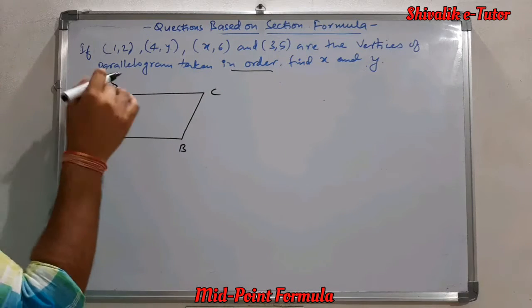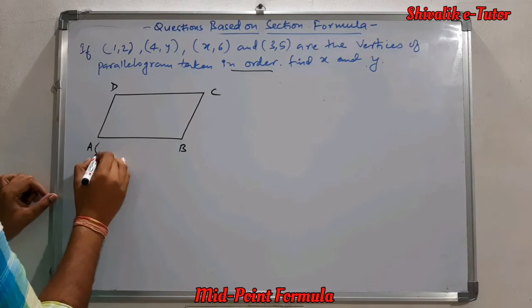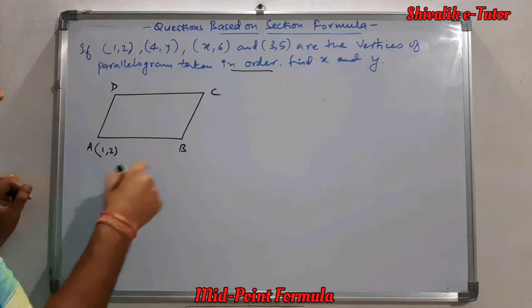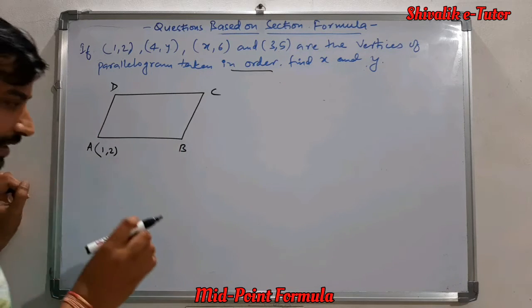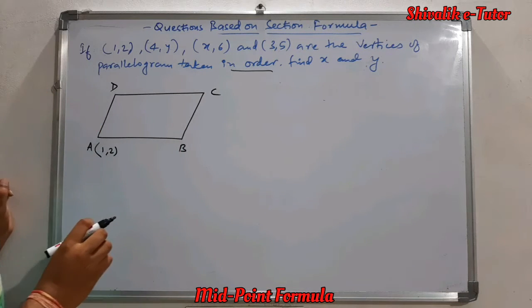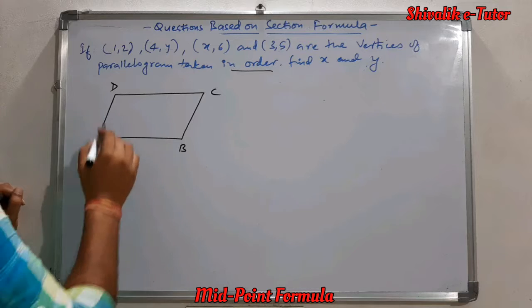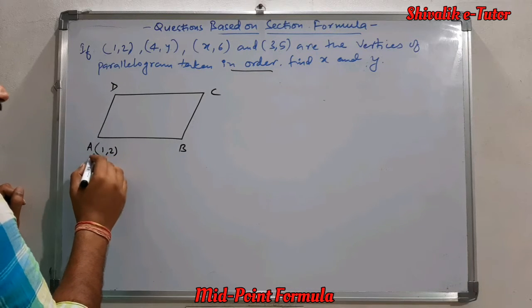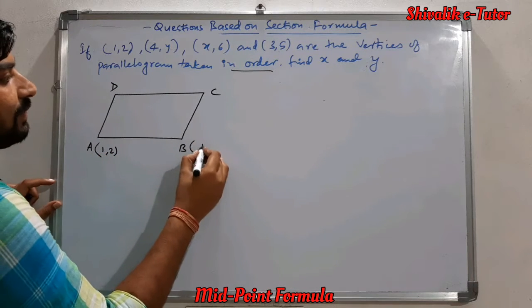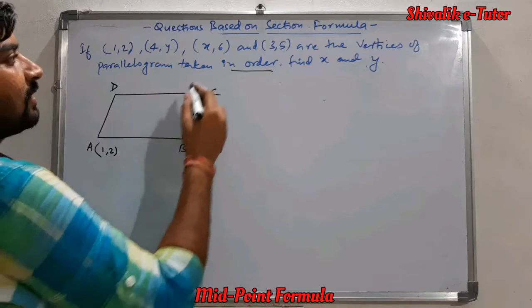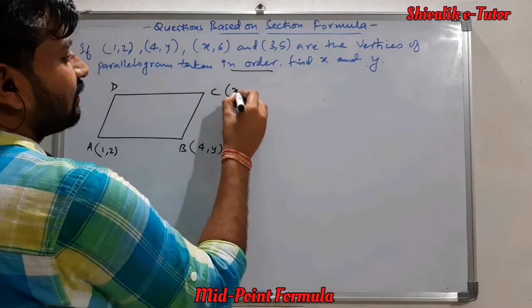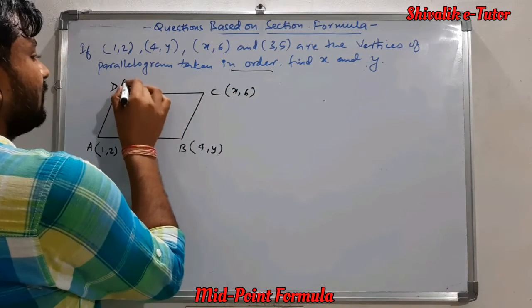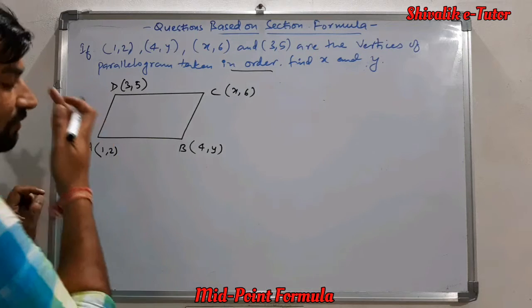We cannot change the order of the coordinates. From wherever we start, we have to go either clockwise or anticlockwise, but without changing the order. So the first point is A (1, 2), and B is (4, y). Point C will be (x, 6), and point D is (3, 5).